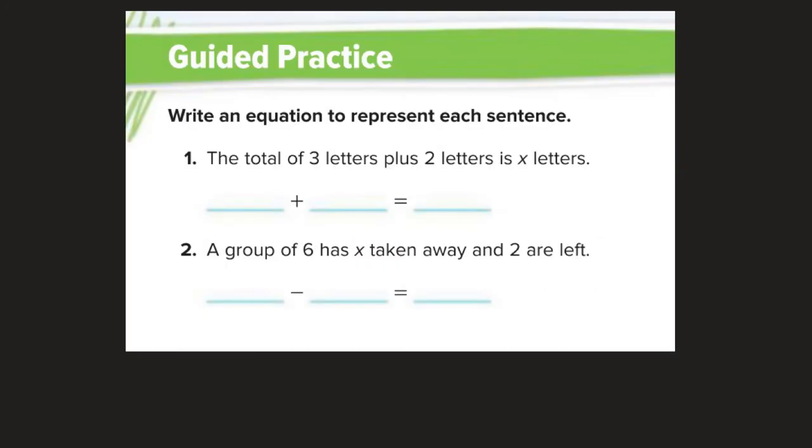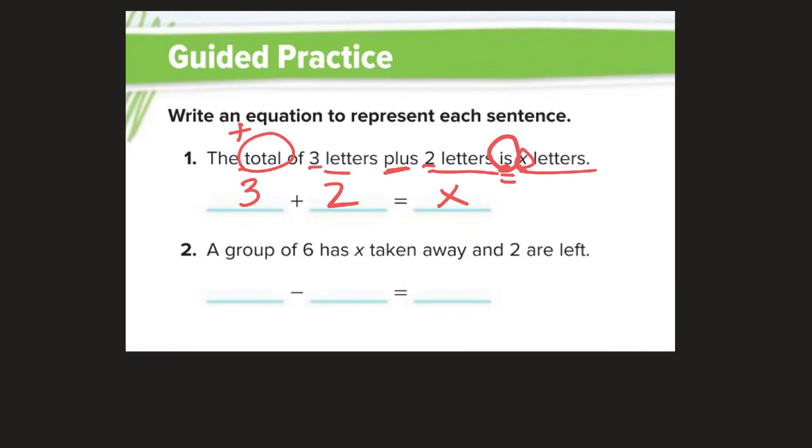Here we go. Write an equation to represent each sentence. The total of 3 letters plus 2 letters is, now is a keyword for where we're putting our equal sign. X letters. Okay, so we know total. We got 2 things telling us we're going to add. 3 plus 2 is, there's our equal sign, X letters.